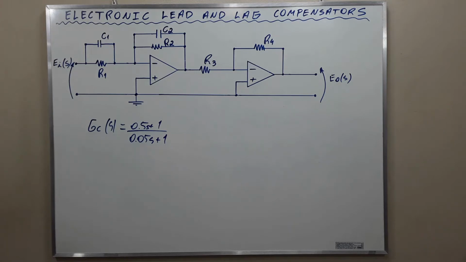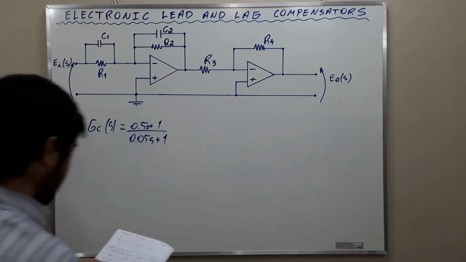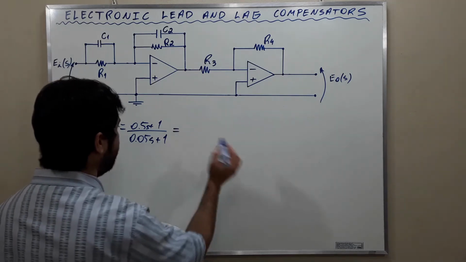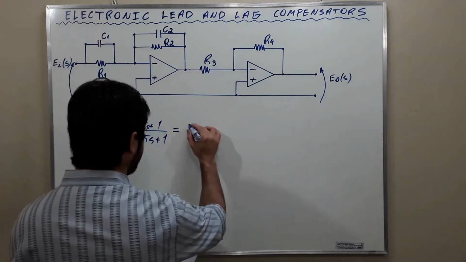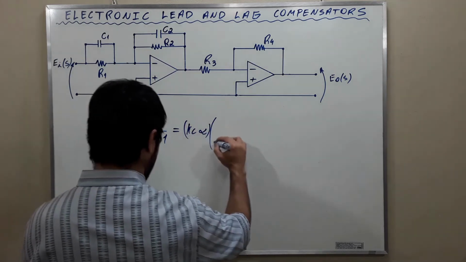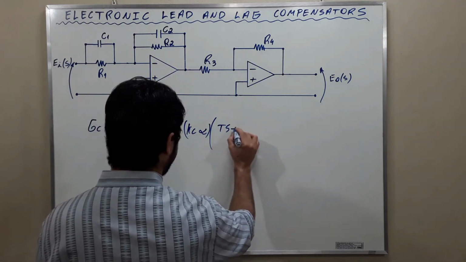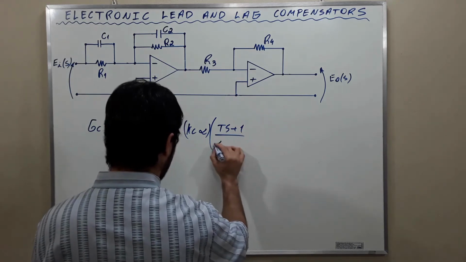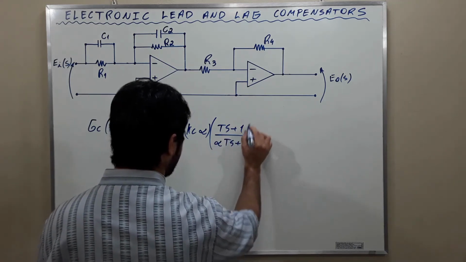The question is, what is the maximum phase shift a lead compensator represented by the transfer function (0.5s plus 1) divided by (0.05s plus 1) would provide? Again, we are going to use the transfer function of a general compensator, which is Kc times alpha, (Ts plus 1) divided by (alpha Ts plus 1).